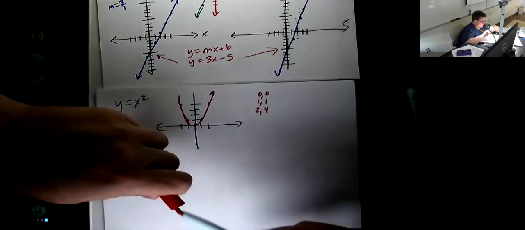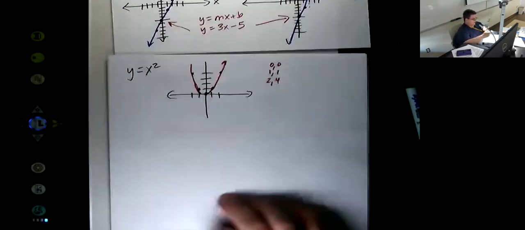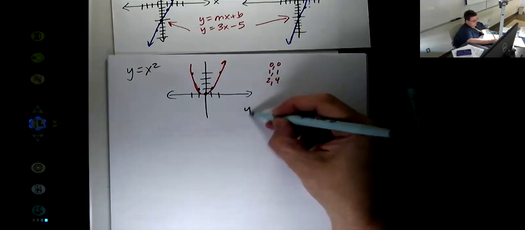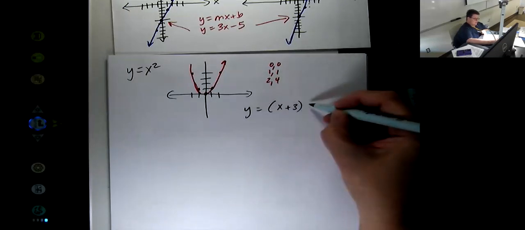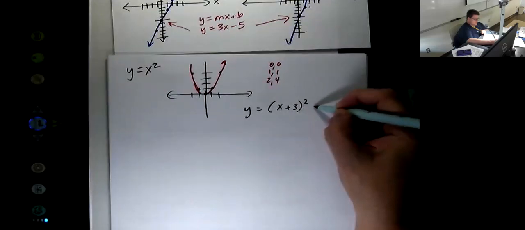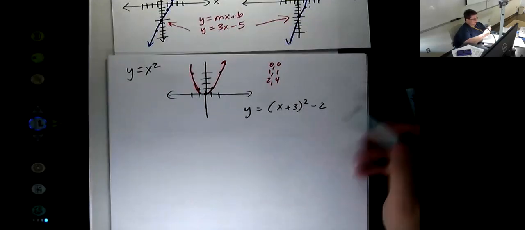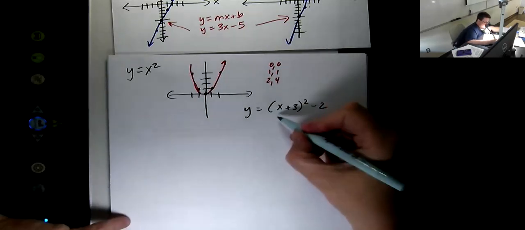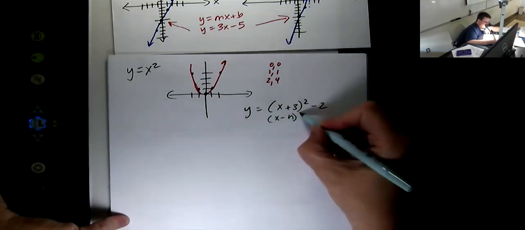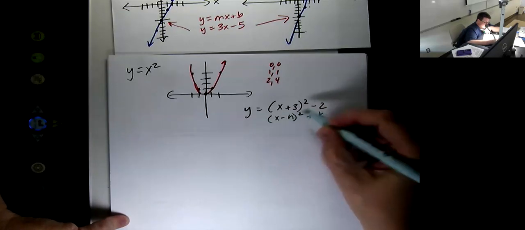We can shift this though. If I do x plus 3 squared minus 2, this compares to x minus h squared plus k.